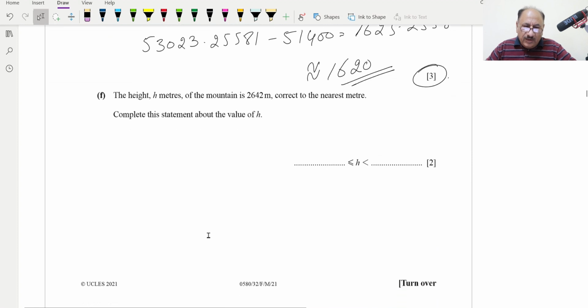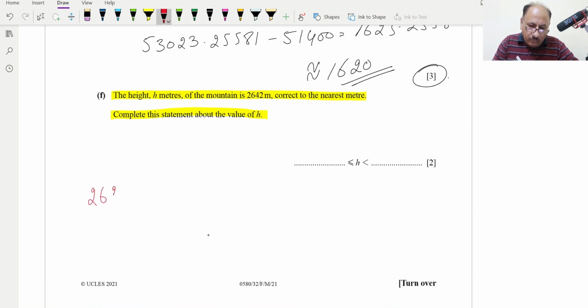Now we can go to part F. Part F is saying the height h meters of the mountain is this much, correct to the nearest meter. Complete the statement. Basically what we will do is write 2642 with upper bound and lower bound.